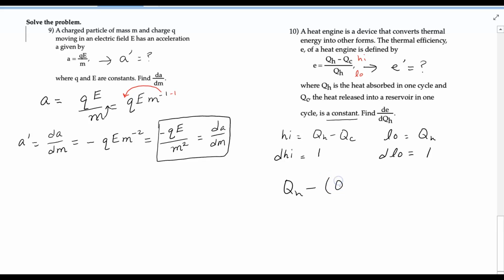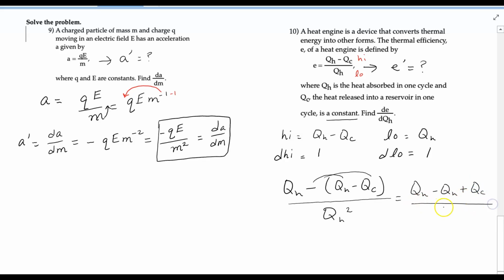So I'm just going to put minus the quantity Q sub H minus Q sub C, all divided by low squared, which is Q sub H squared. We're going to distribute like that. I'm going to get Q sub H minus Q sub H plus Q sub C divided by Q sub H squared.